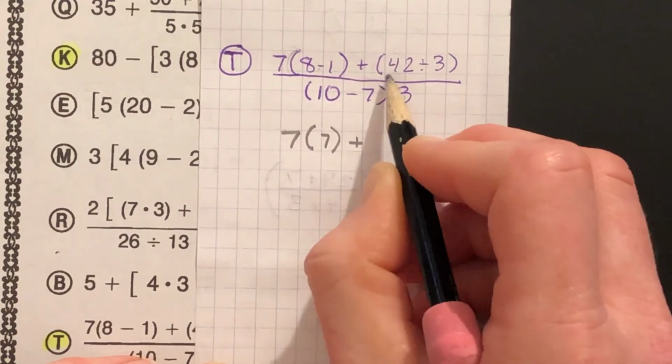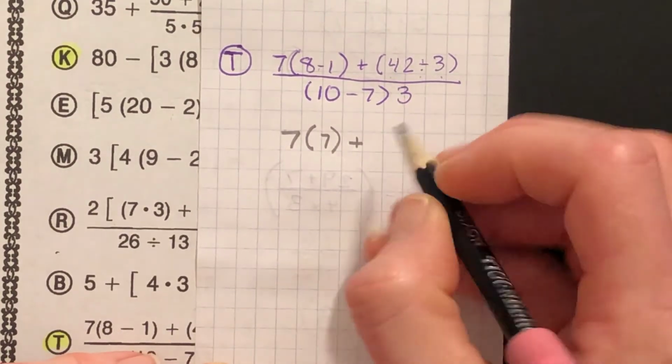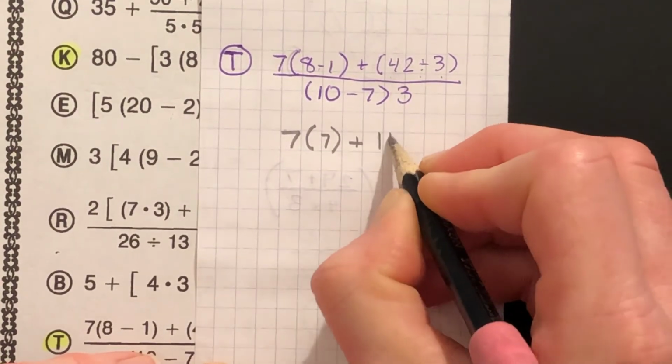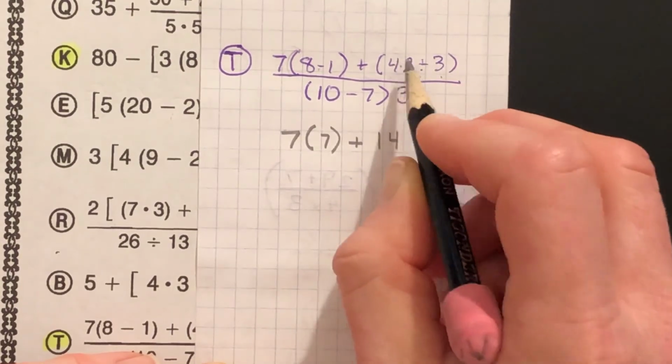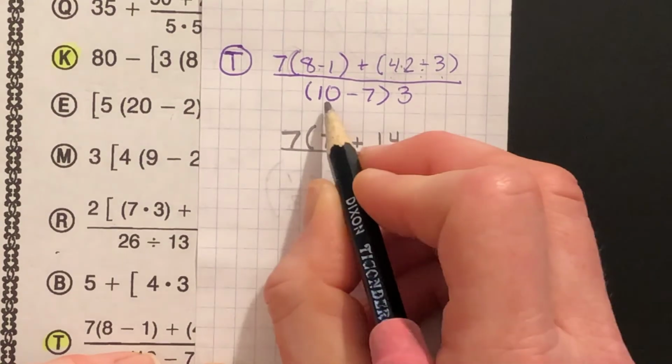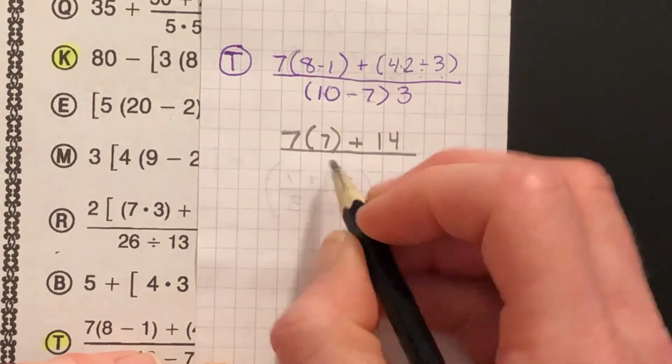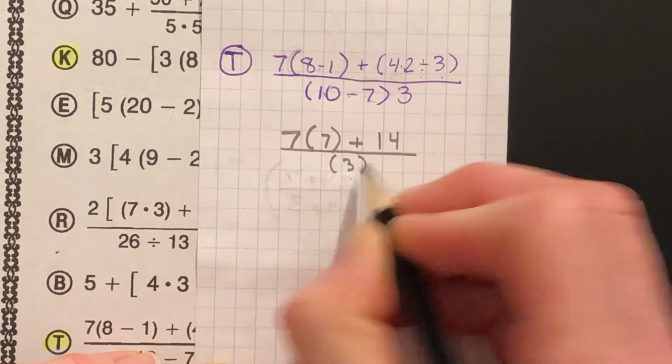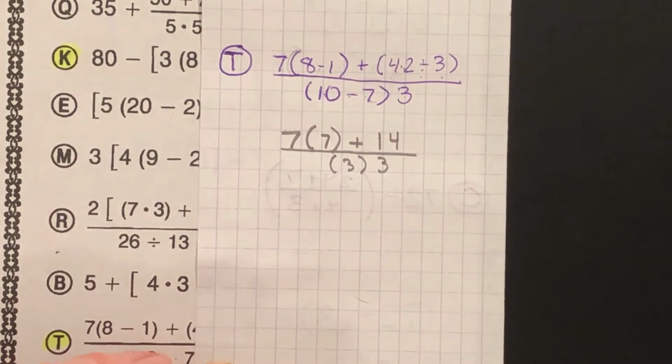Plus 42 divided by 3 is, let's see, 4. 3 goes into 42 14 times. Over 10 minus 7 is 3 times 3. All right, I've got some more work to do.